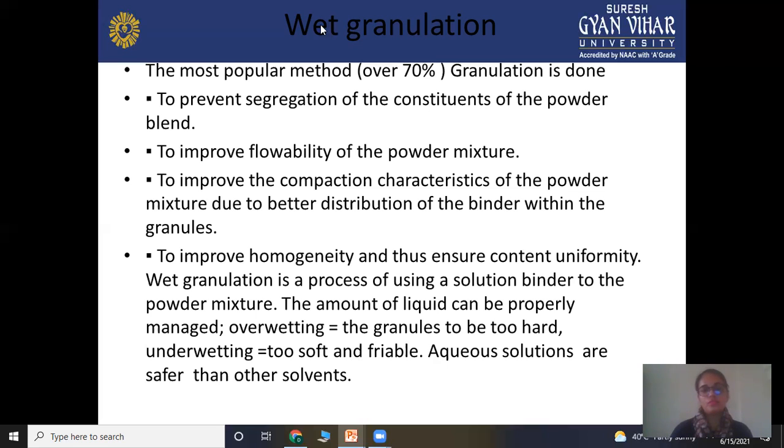If there is too much moisture, overwetting takes place, and in this condition there is a chance that it forms too hard. Underwetting is also a problem. If you prepare underwet granules, in this condition they are too soft or friable and break easily, or your tablet does not have sufficient hardness.